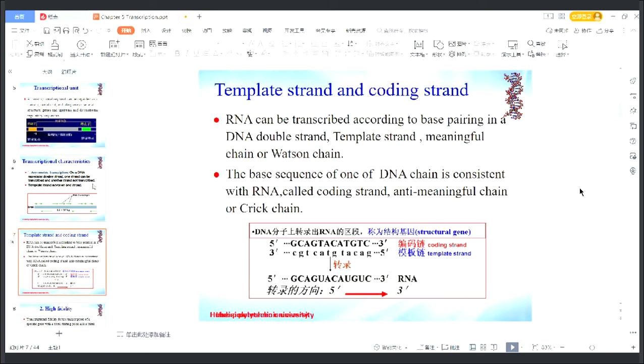Here you can see the template strand and the coding strand. RNA is transcribed according to the base pair in the DNA double strand. The template strand is also called the meaningless strand, and the coding strand is the sense strand.